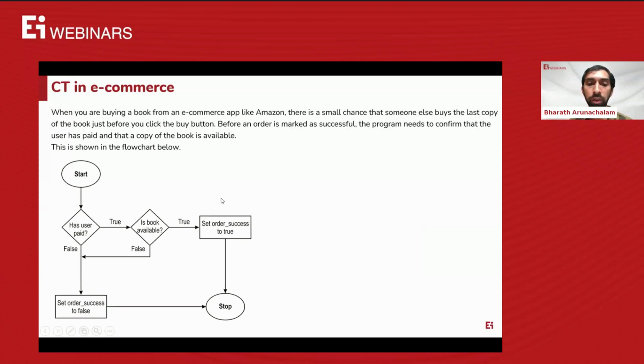So we've shown them a flowchart of exactly how it's going to work. For example, it starts with, has user paid? The program checks if the user has paid. If it is true, then they go here. Then if the book is available, again true, then they change the order status to success, and then it stops. Similarly, we have another condition for false.